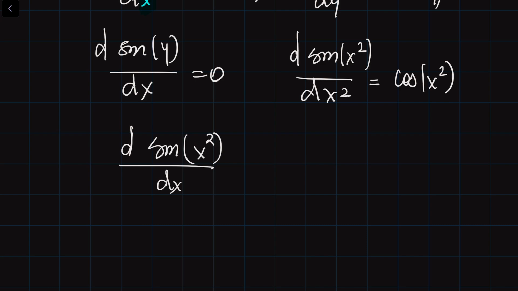And if they are not the same, what do we have to do? Are they the same? One is x squared, one is x. They're not the same, right? If the argument is not the same as the variable, then we have to what?